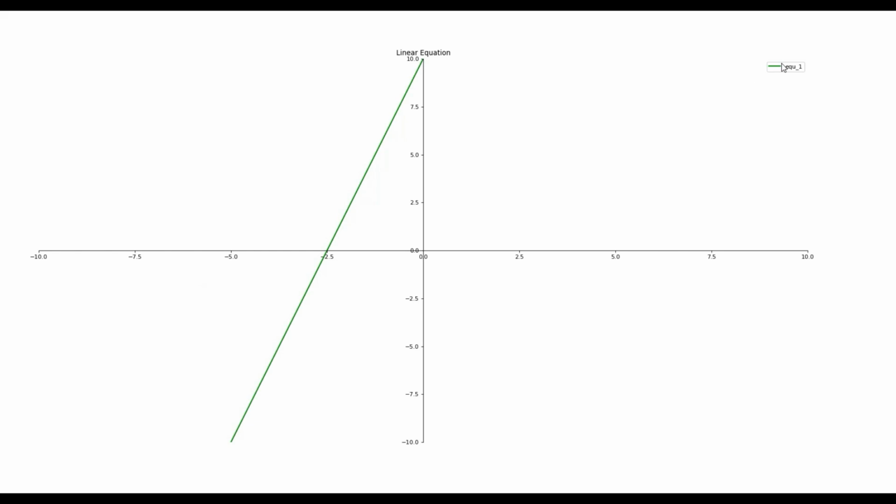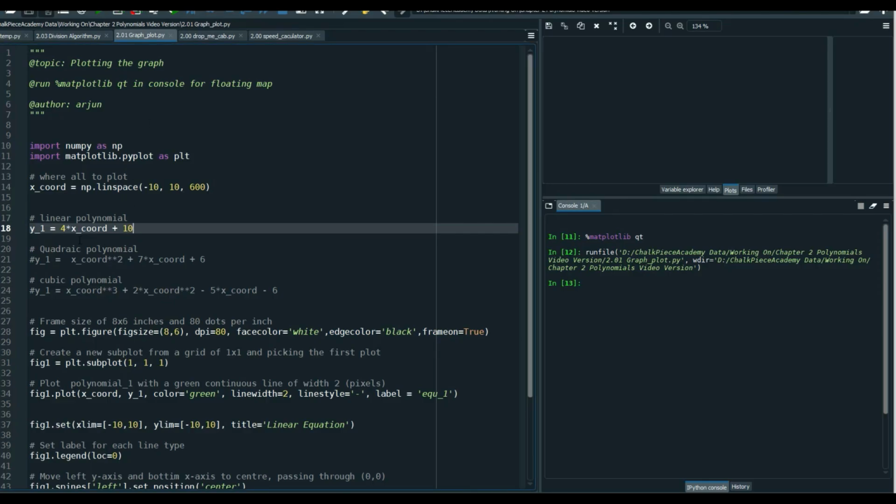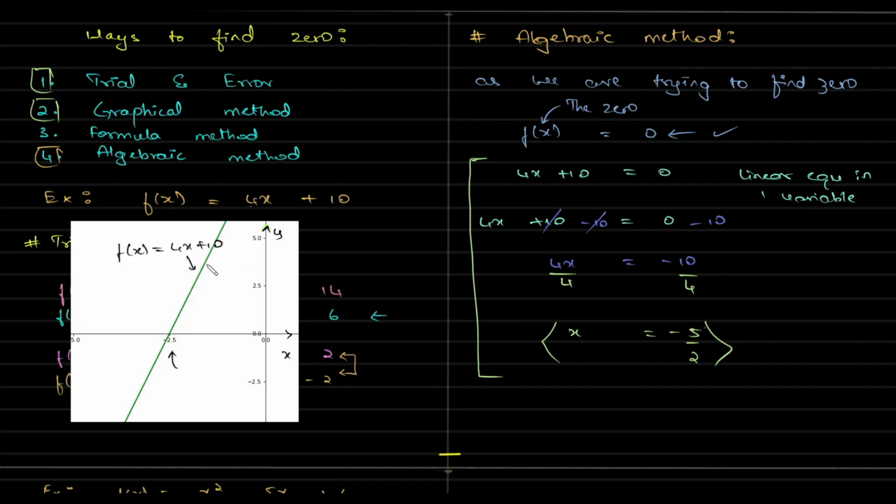To make sure of that, you can see over here that whatever green line we are looking at is equation 1, and equation 1 happens to be, according to the code, 4x plus 10. So we are looking at the right graph and it is passing the x-axis at minus 2.5. Minus 2.5 is nothing but minus 5 by 2.